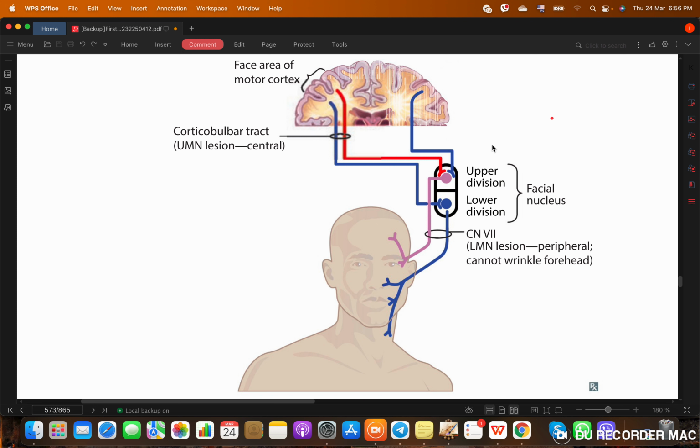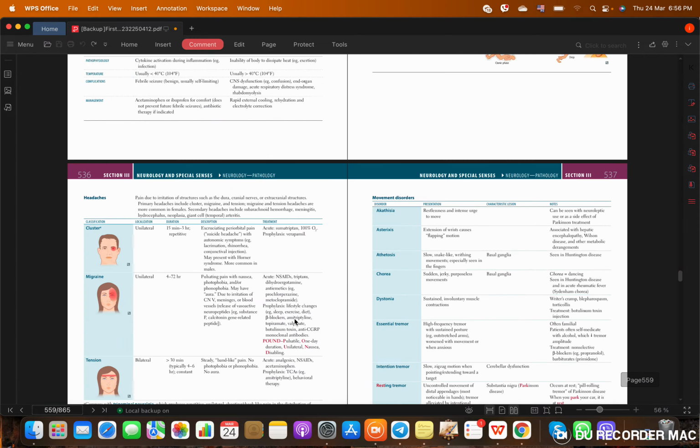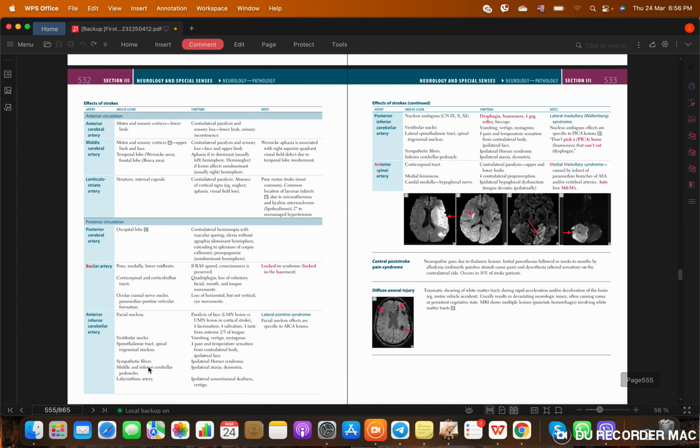But if you take a look at the lesion, if it's occurring at the lower motor neuron, I mean, let me destroy the facial nucleus itself, or destroy the cranial nerve number 7 itself. That will lead to symptoms both in the upper and the lower face. So the patient cannot totally shut his mouth, and also he cannot totally move his eyelid, okay? He cannot close his eyelid. If he cannot close his eyelid, his eye will become super dry, and eventually he will lose it.